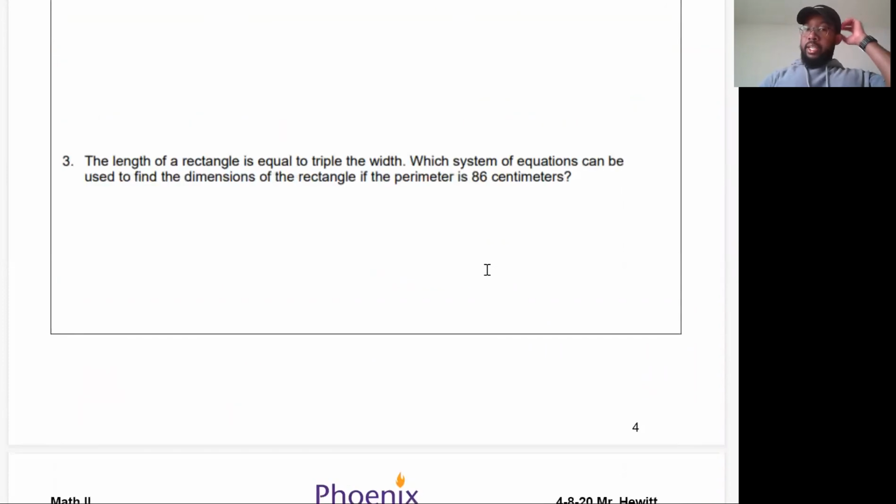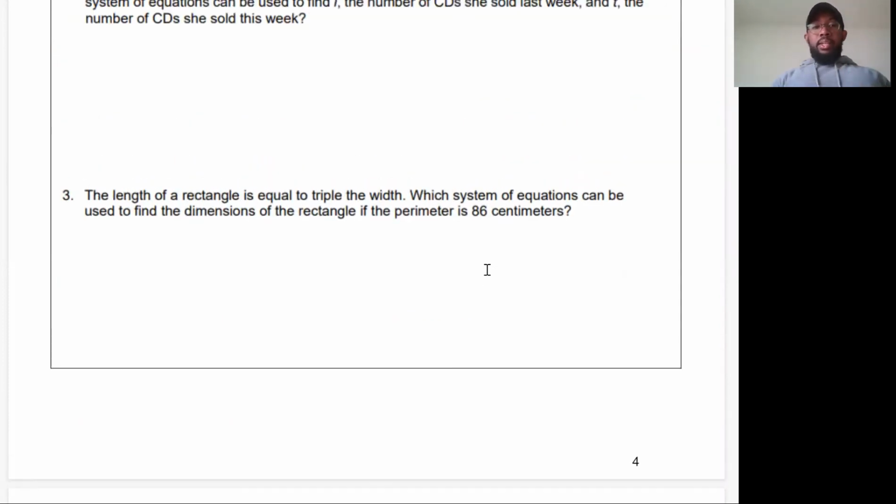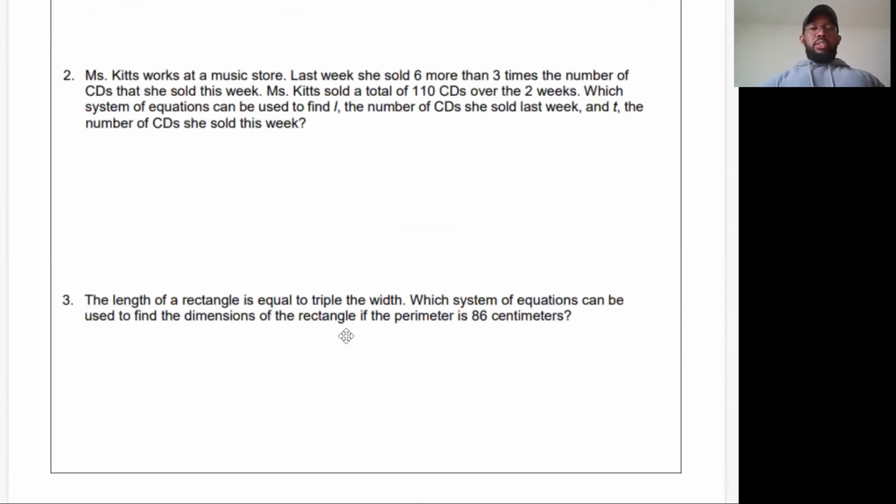A couple things to take note of here. In number 3, you're going to need to remember that the perimeter of a rectangle is the length of all the sides, or the dimensions of all the sides. Now, there's a formula for that. It's twice the length plus twice the width.